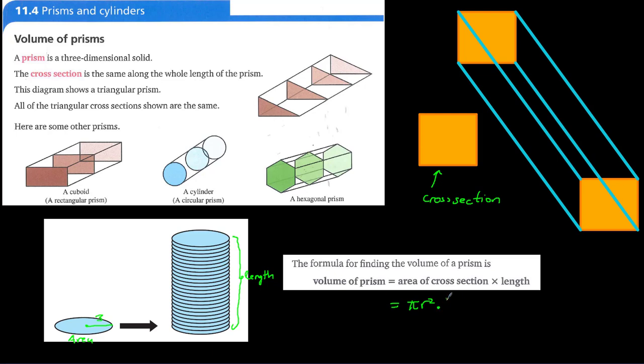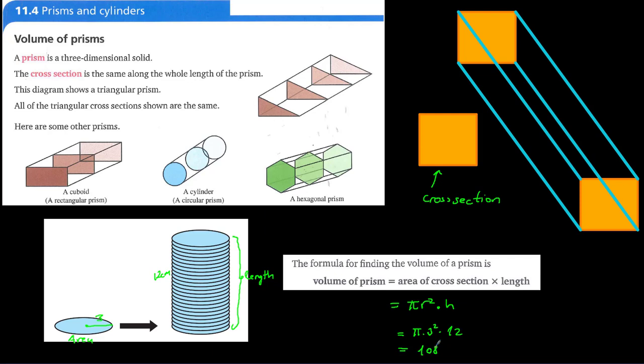Let's show the length with height, or L it can be also, and let's say the height is 12 centimeters. So the answer is going to be pi times 3 squared times 12, which is 9 times 12, equal to 108 pi.